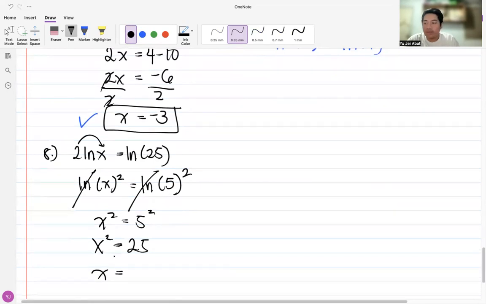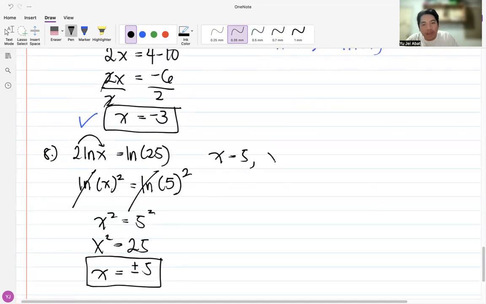So if you get the square root, I'll be having positive or negative 5. In ln, we must check if x equals 5 and x equals negative 5 are valid.